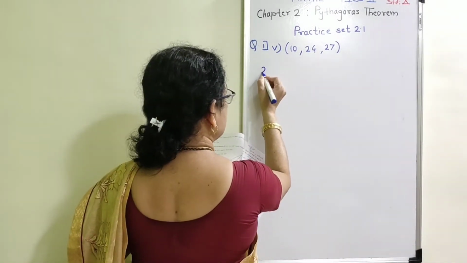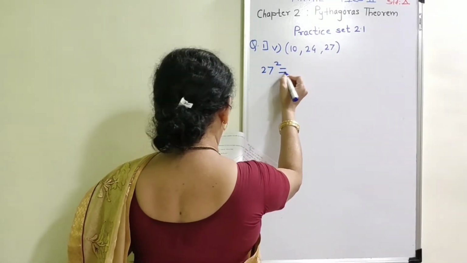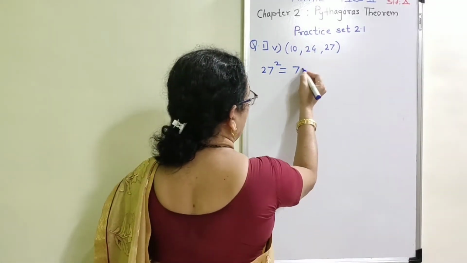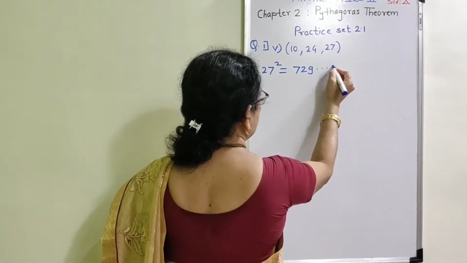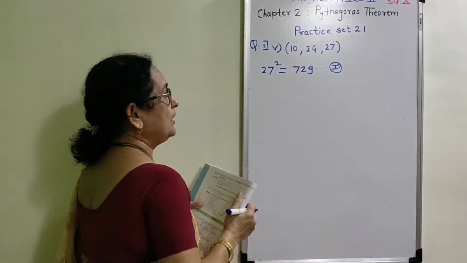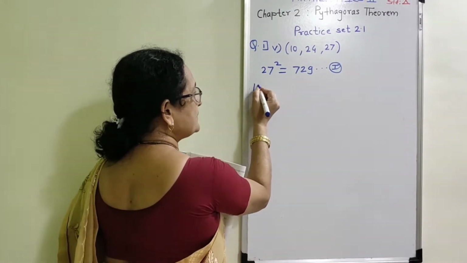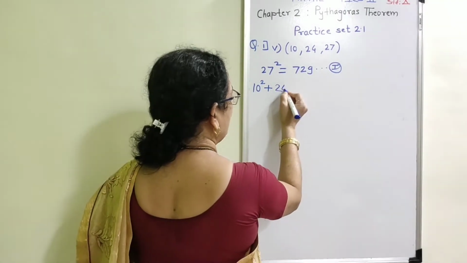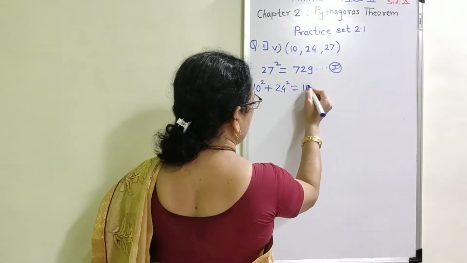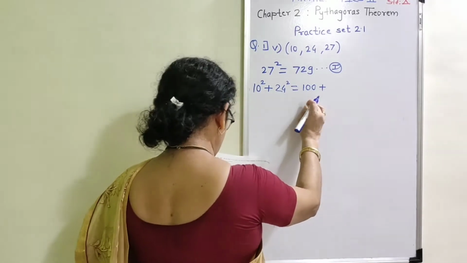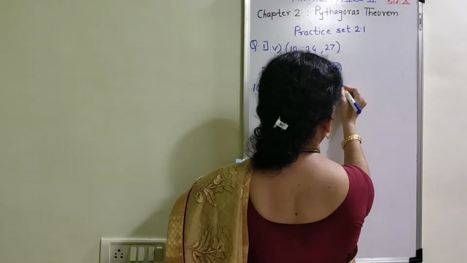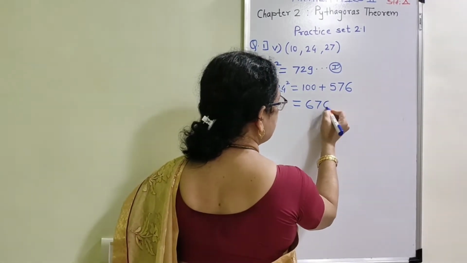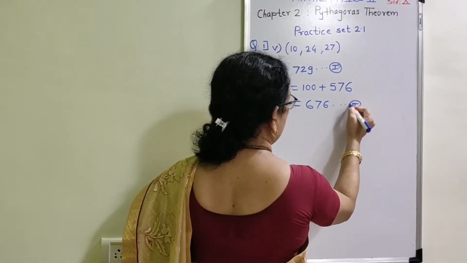Largest number is 27. 27 square is equal to 729, and write down here 729 is the square of 27. Now we are going to take the sum of squares of the remaining two numbers, that is 10 square and 24 square. 10 square is equal to 100 and 24 square is equal to 576, and the addition is equal to 676. This is my statement number 2.